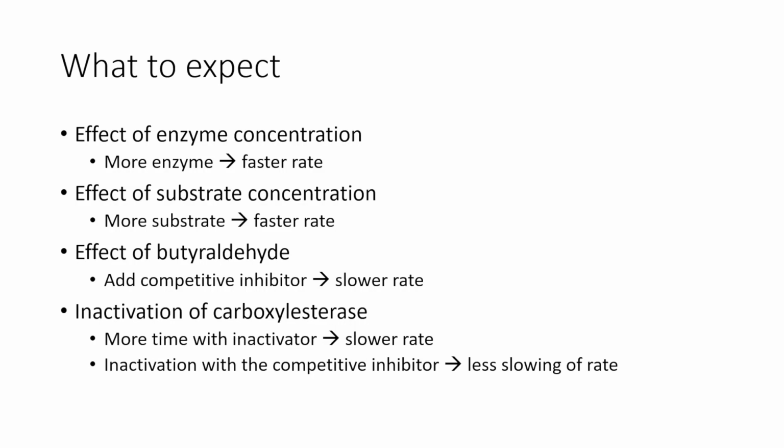So if you add both butyraldehyde, the competitive inhibitor, and our inactivator, you'll actually see a slowing of the rate because the inactivator has less access to the enzyme because it has to compete with that competitive inhibitor. So the rate will slow down, but it will slow down more slowly than it did when there wasn't also a competitive inhibitor in there.